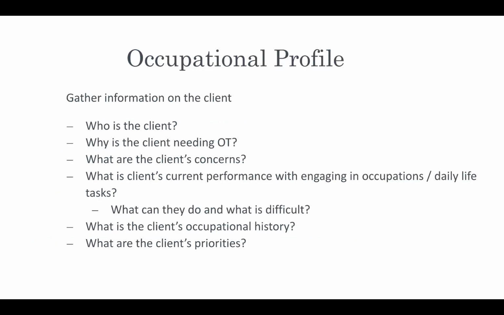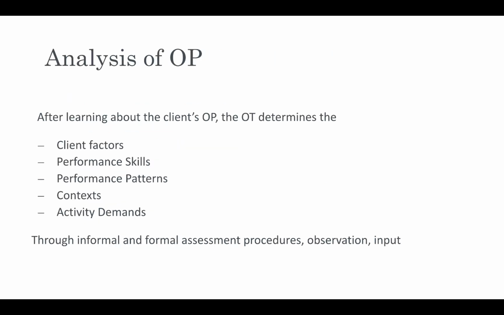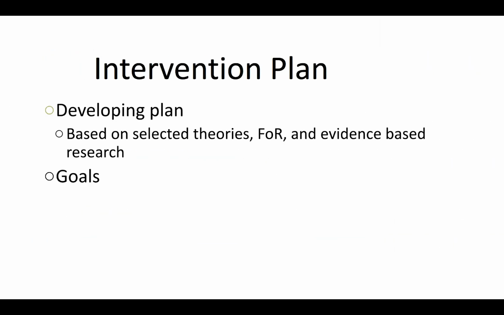Now, looking back at the occupational profile, this is something that could be done by an OT assistant. Remember, we talked about this earlier in this semester. But when we get to the analysis of that occupational performance, this is only something that an OT can do. This is why we are what we are. You know, we are looking more in depth. We want to see how an individual is functioning.